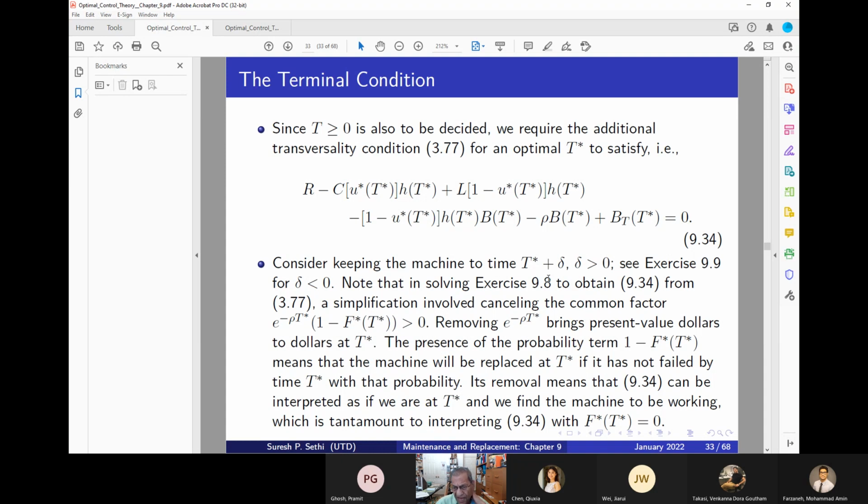When you do exercise 9.8, this is easy to do. You can take derivatives and stuff. You just substitute things. But then what happens is all of that is multiplied by this factor. It's a common factor in all of this. So what you see in 9.34, the 3.77 is this times that. But since this is equal to 0, I can kill it. I can remove it.